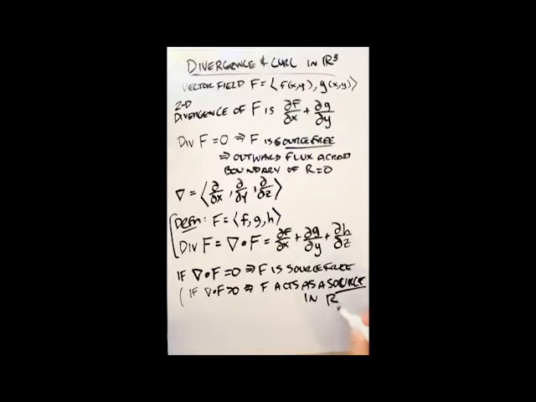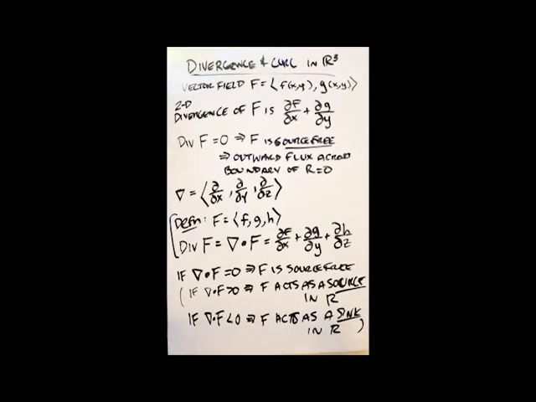And if the divergence is negative, then F acts as a sink in our region. And this just depends on your orientation in R, whether you're going to call it a sink or a source.